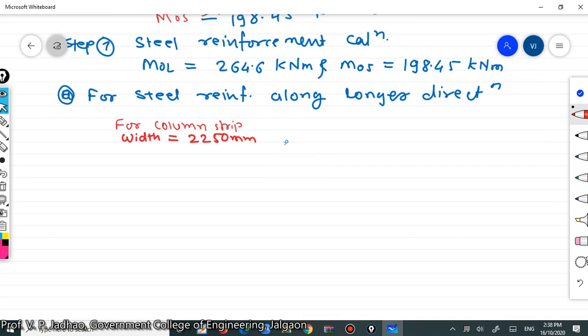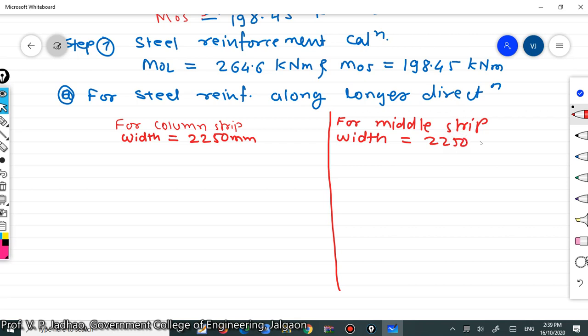And for the middle strip, the width is again 2250 mm.